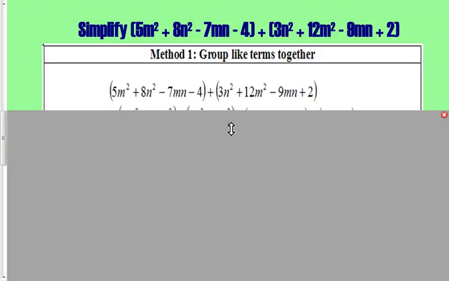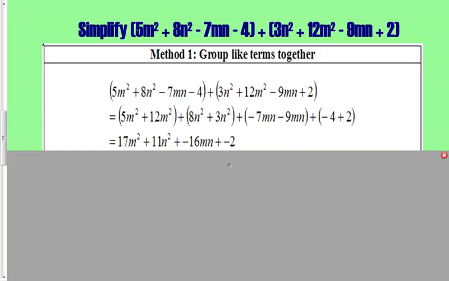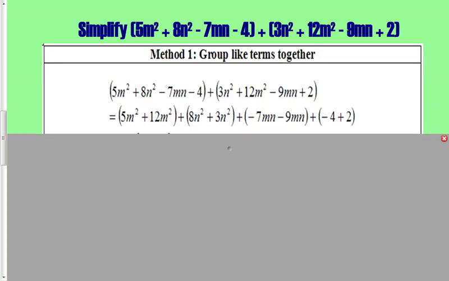So method 1 would just be grouping them. All right? It's up to you how you want to do this. If you want to rewrite them and group them, essentially what you're doing is you're taking the like terms and you're just adding them together. But you're grouping them first. So 5m squared plus 12m squared. So that's where we got those right here. Then we have our 8n squared and 3n squared, which is right here.